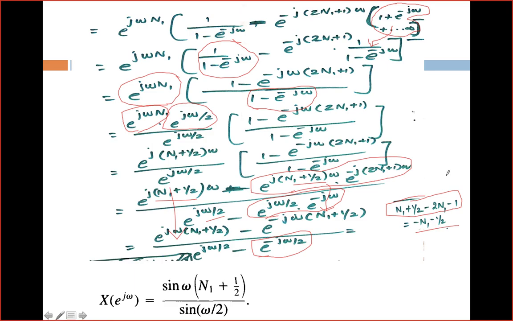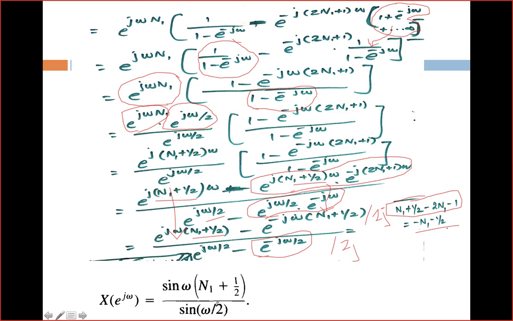So e power j theta minus e power minus j theta by 2j is nothing but sine theta. So I am going to multiply and divide by the value 2j. When I do this, the numerator part will be equal to sine omega (n1 plus 1 by 2), and in the denominator part I have sine omega by 2.